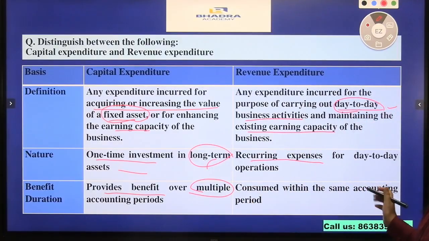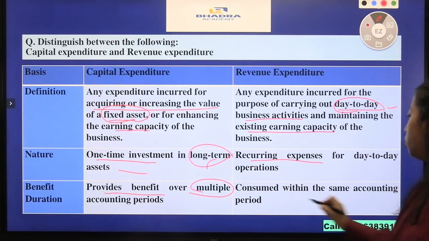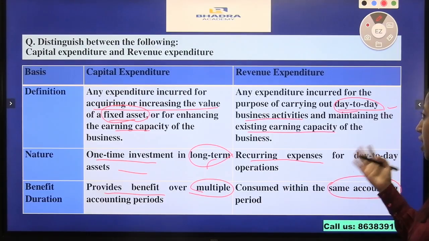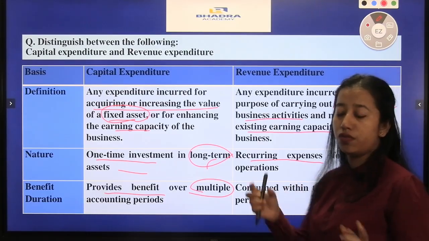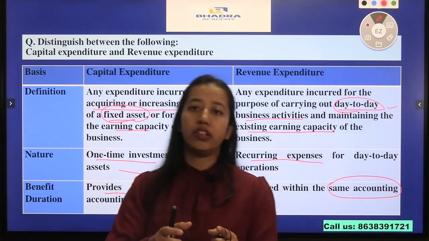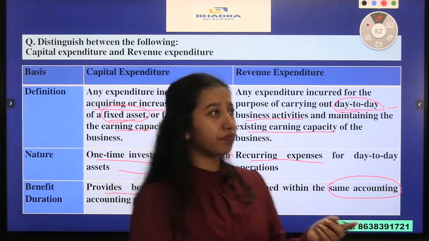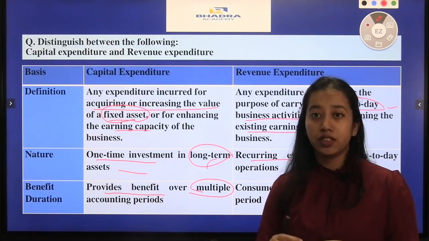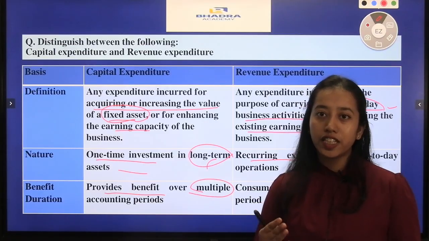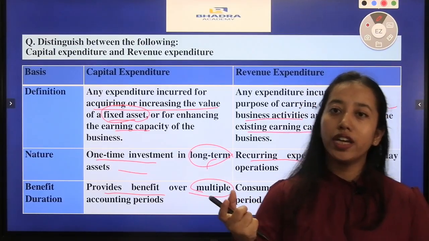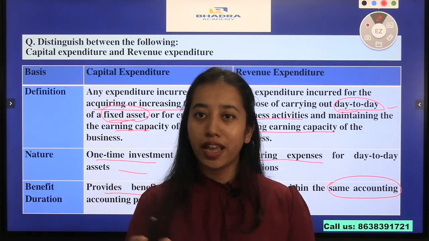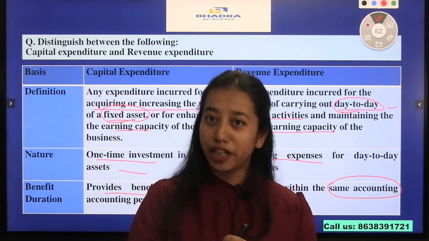In the case of revenue expenditure, it is consumed within the same accounting period. As I gave the example, rent is paid only for a particular month or a particular year, and salaries are paid on a monthly basis, because the employee has worked for a particular month and the salary is paid for that particular month.